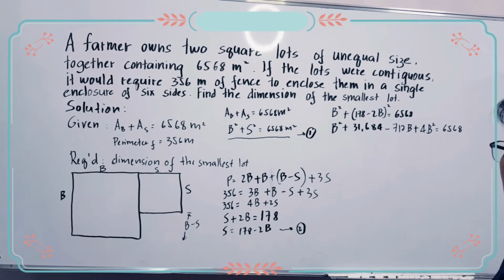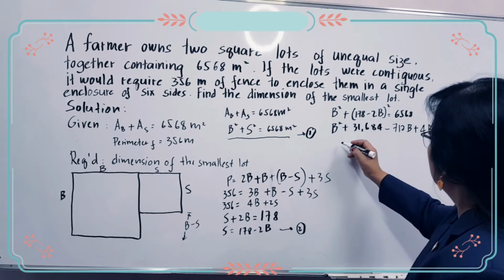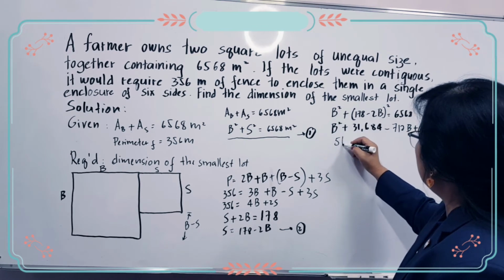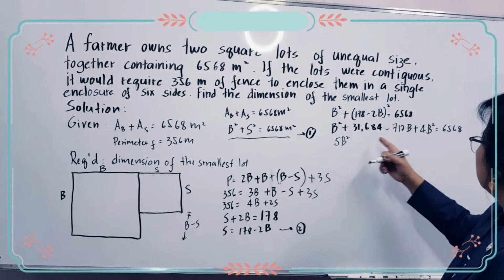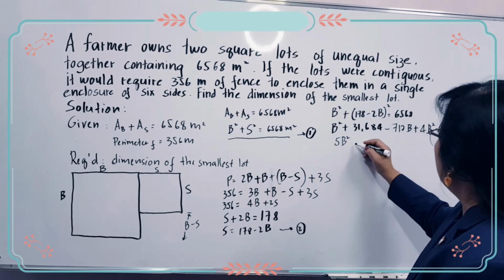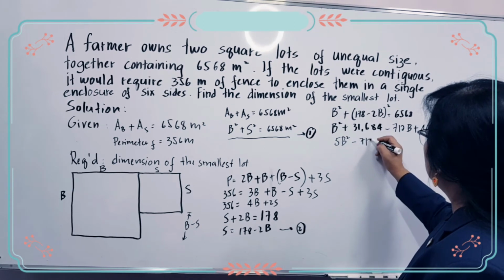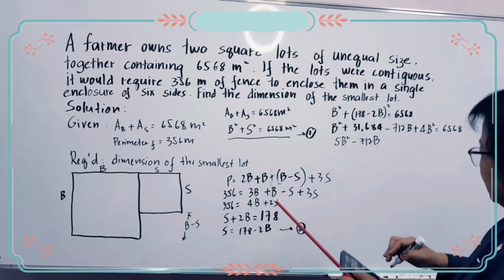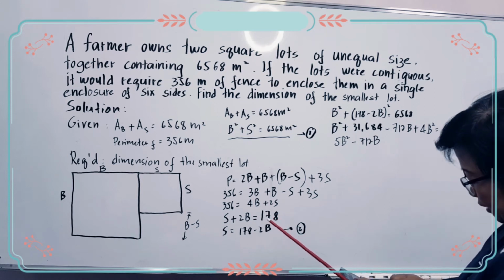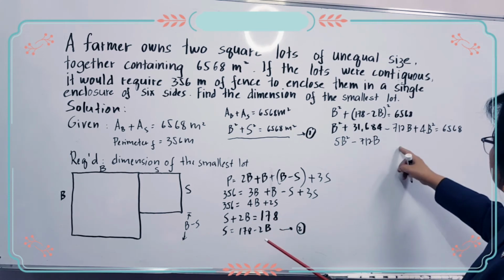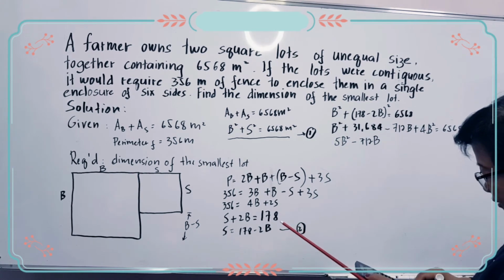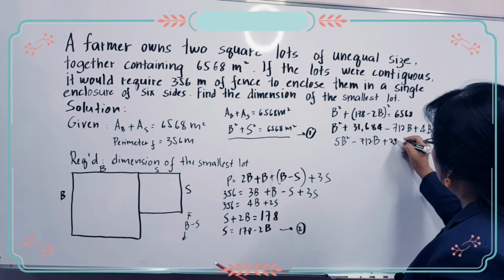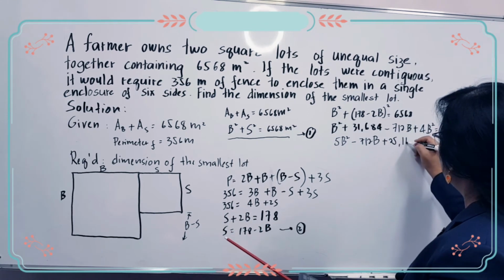Now, to simplify this one, B squared plus 4B squared is equal to 5B squared, minus 712B, and this one, 31,684 minus, transferring this here, 6568, is 25,116.